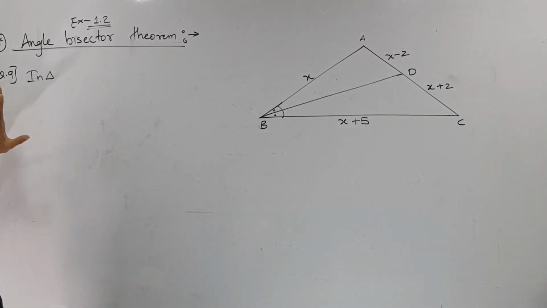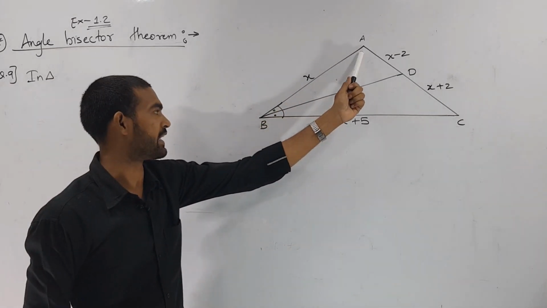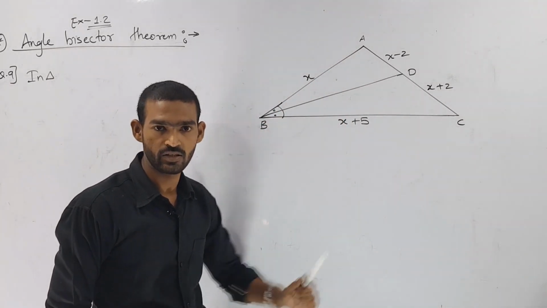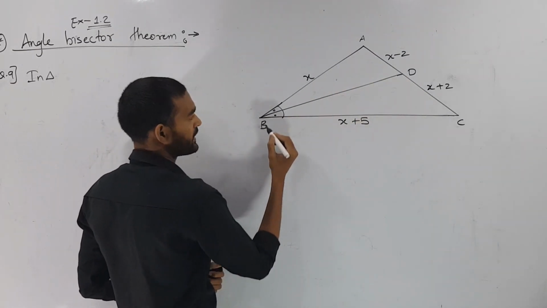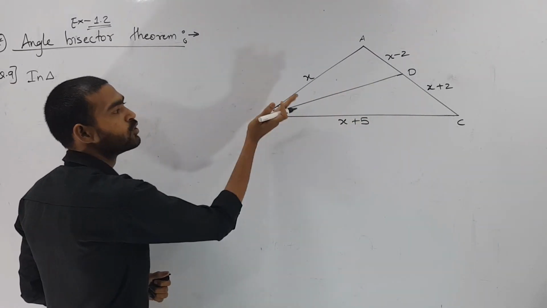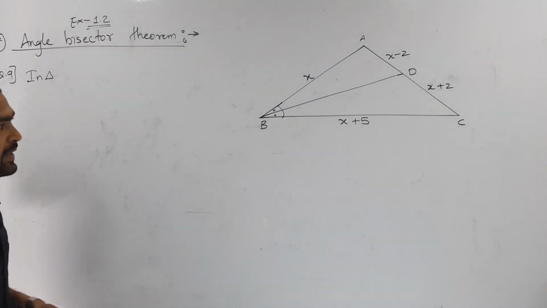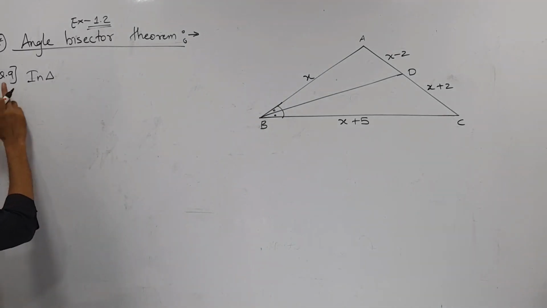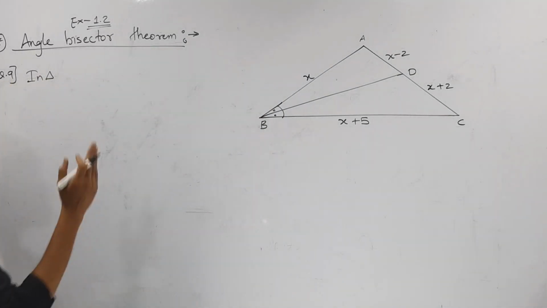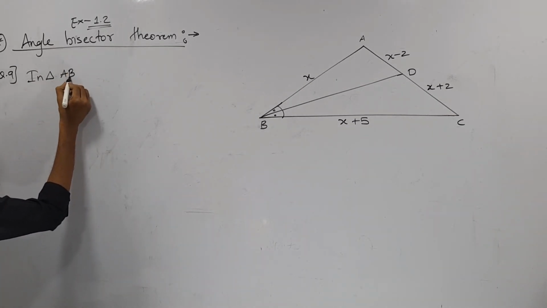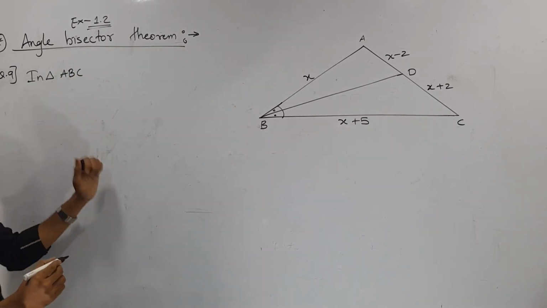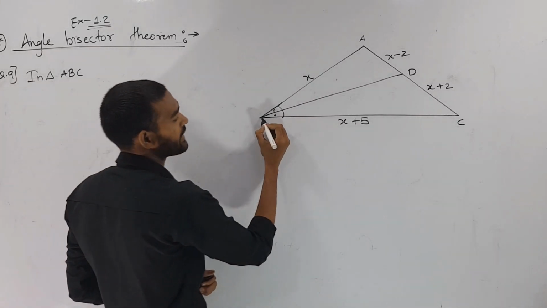Now this is question number 9. Here, what is given? In triangle ABC, we have one angle bisector BD. What does it do? It divides this angle into two equal parts. So in question number 9, we'll apply the angle bisector theorem. First, in triangle ABC, we have selected the triangle. Now who is the bisector?